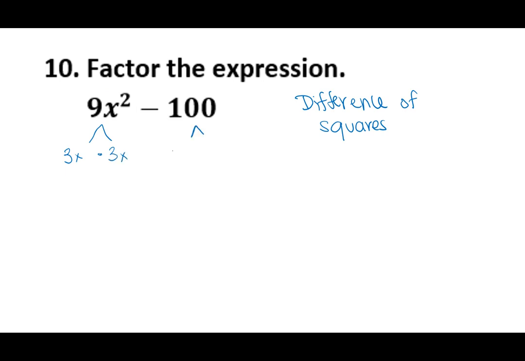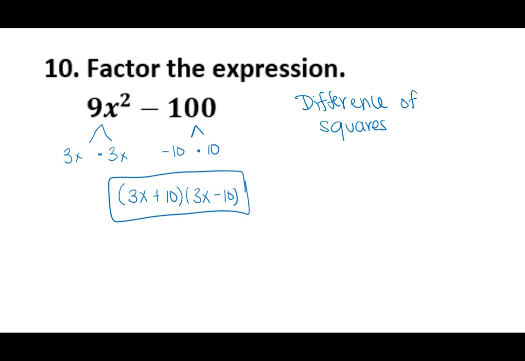This one is negative 10 times 10. So that means we do 3x plus 10, 3x minus 10. And this is your factored expression. Okay, your explanation could just be difference of squares. Acceptable.